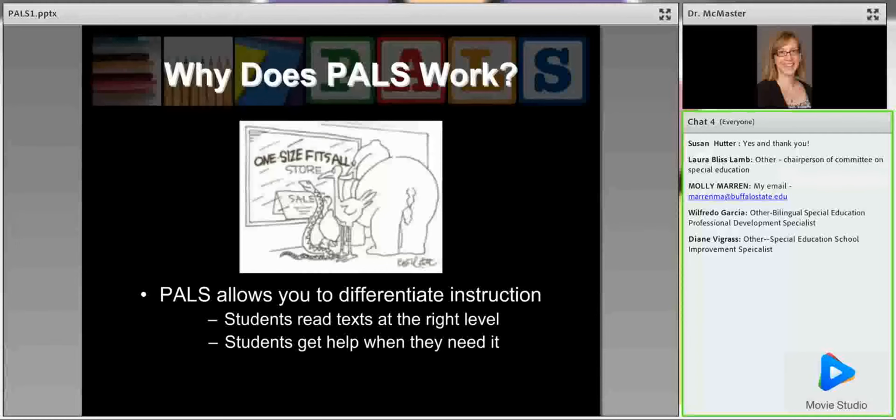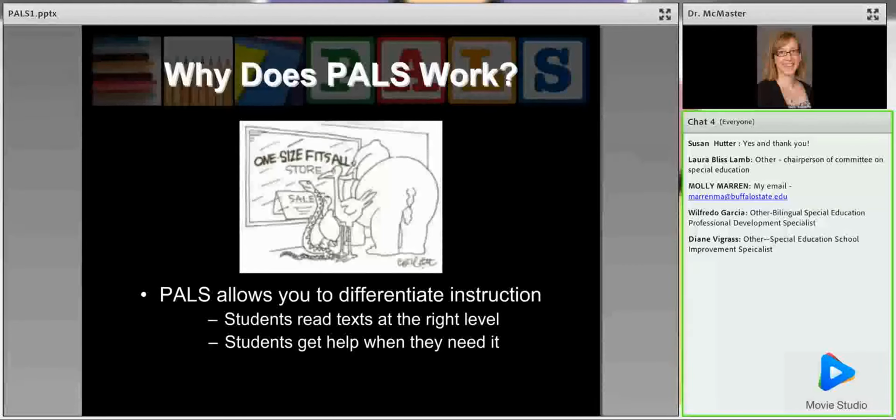The other thing is students get help when they need it. When students work with a partner, at the very beginning of PALS, the teacher will train the students how to work together in this coach and reader relationship. They learn the different prompts that they'll give each other, and they learn how to correct each other and when to correct each other.